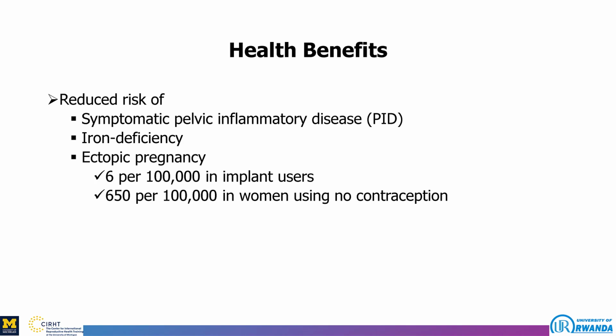As you can see from the two examples, among implant users, out of 100,000 women, 6 can have an ectopic pregnancy. You can see the fold difference is almost 100, with 650 per 100,000 women using no contraception having an ectopic pregnancy.